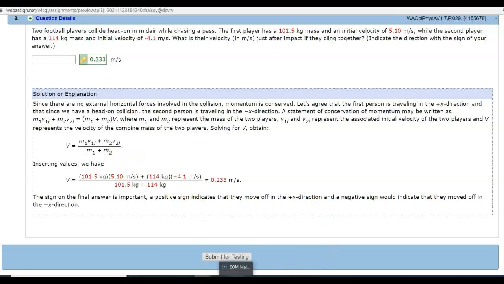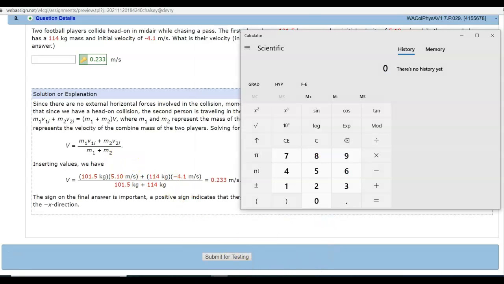Okay, so we can look at that one on the calculator. Okay, so M1, 101.5 times 5.1. I'm going to get an answer to that.